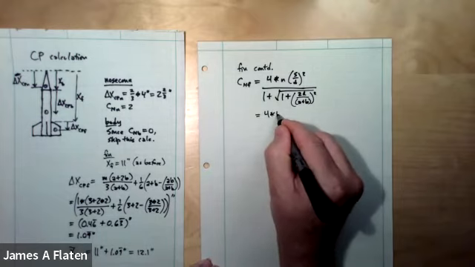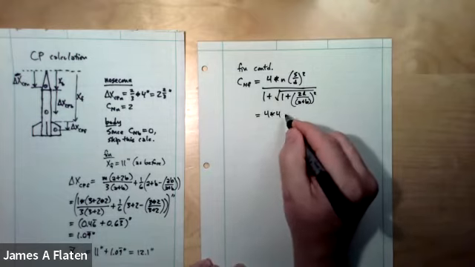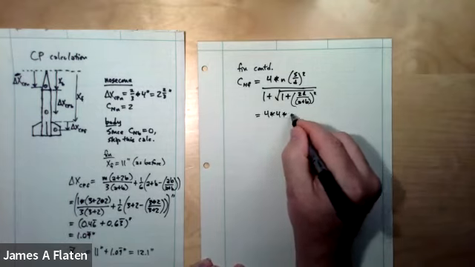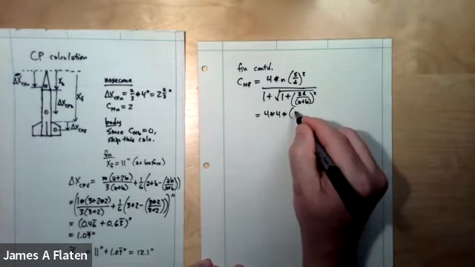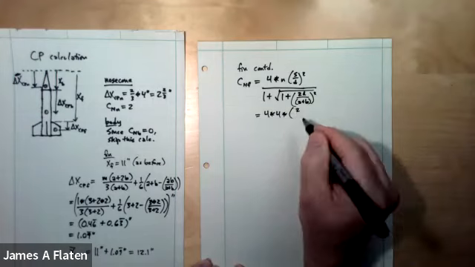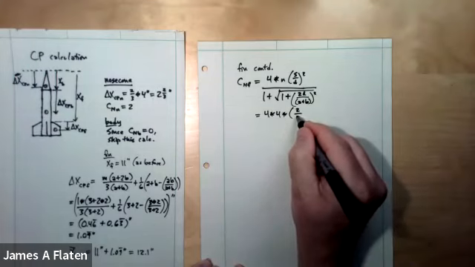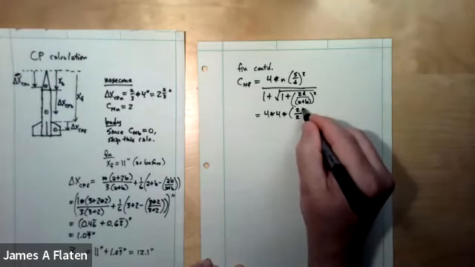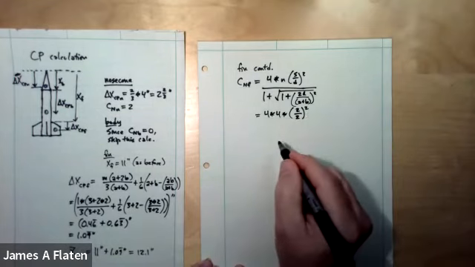4 times 4 fins times S. S is how much they stick out. That's 2 inches. Divided by D, the diameter of the body, which is also 2 inches. So that's convenient.